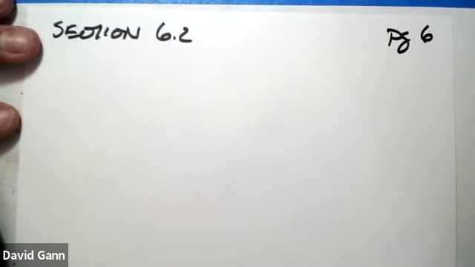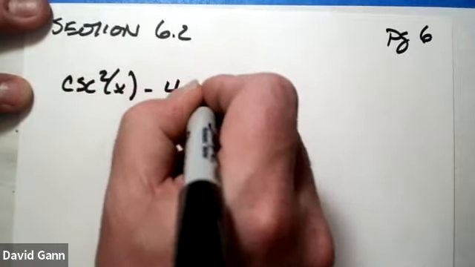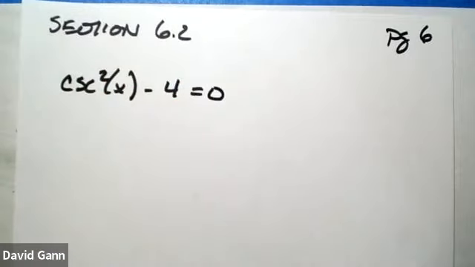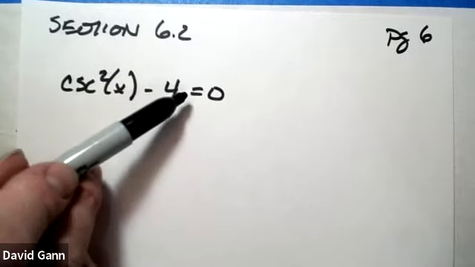Okay, so let's look at this one. This one involves a function that we don't use a lot. How about cosecant squared of x minus 4 equals 0? This is one of those trick factors, right? This is something squared minus something else squared.